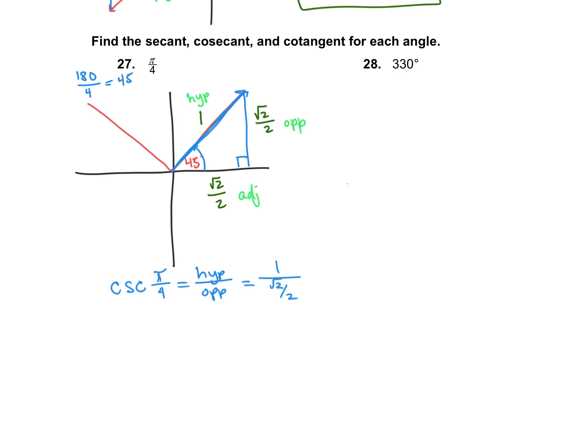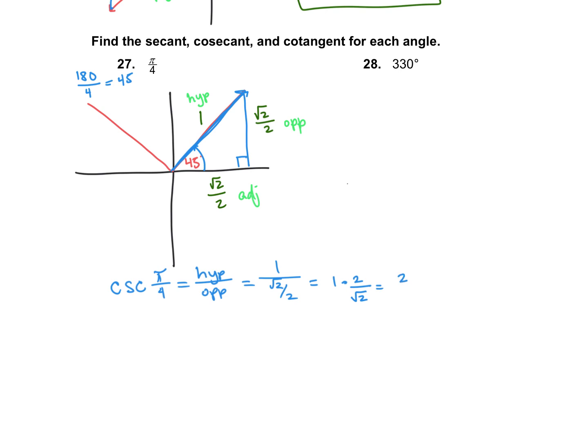So we just end up with a problem like this with a lot of dividing by fractions. So this is where it's going to feel like extra work. What we do is we keep our 1. Instead of dividing by the fraction, we multiply it by the reciprocal, 2 over root 2.